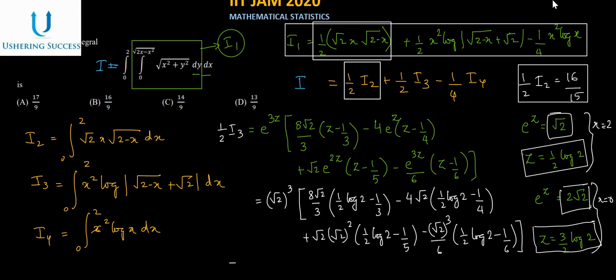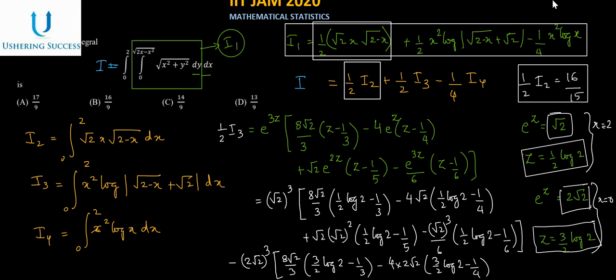and in the lower limit we'll get minus e to the power 3z would be 2 root 2 whole cube, and then we'll have 8 root 2 by 3 into 3 by 2 log 2 minus 1/3, minus 4 e to the power z would be 4 into 2 root 2 into 3 by 2 log 2 minus 1 by 4, and then I have root 2 e to the power 2z.